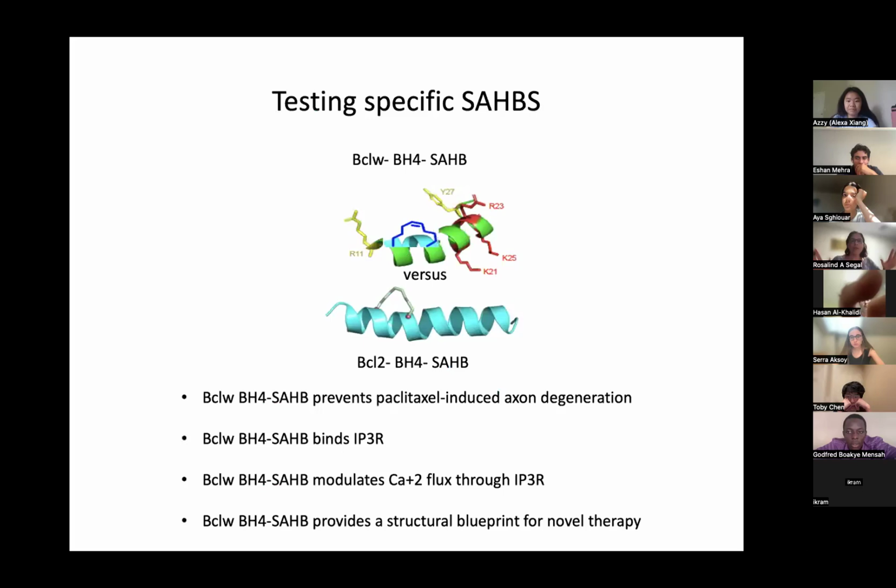So I'm going to very briefly summarize a lot of work that was done on this. Lauren and I have a paper that was just accepted, and the first author on it was a Harvard undergraduate who worked in the lab. So what we've found is that the BCLW SAHB prevents paclitaxel-induced axon degeneration, just like the whole protein did.